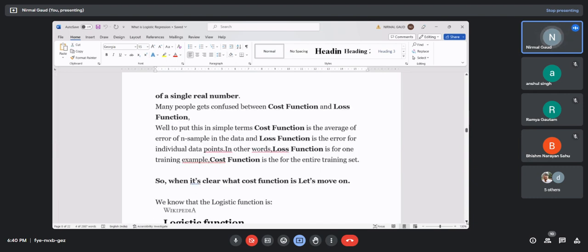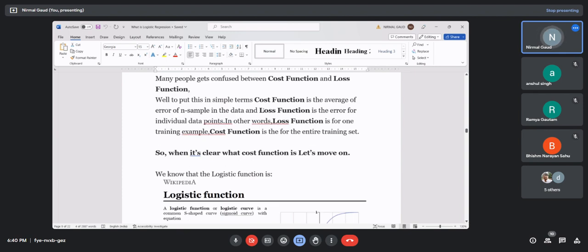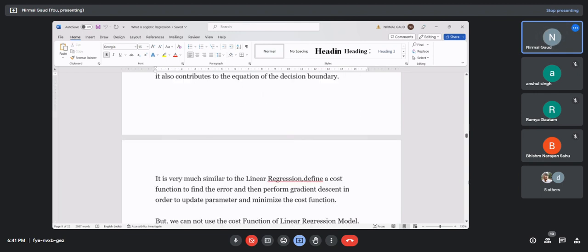As I told, the loss function is the error for individual data points, and the cost function is the average of the error of n samples in the data. If you take the n samples, overall it's a cost function, and for individual data points, it's called a loss function, for logistic regression. We were studying this.